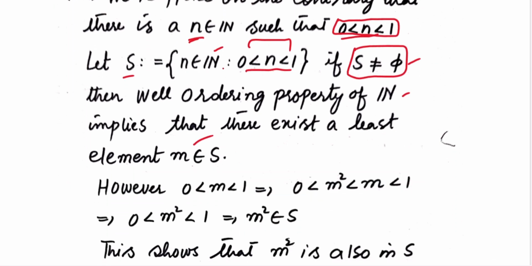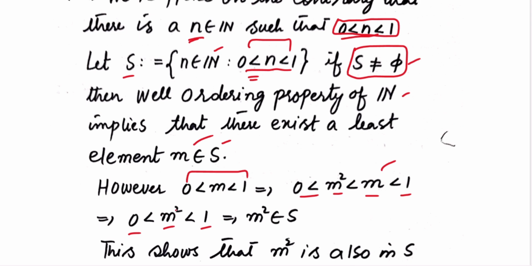However, if m is an element of S, m will satisfy the condition that this set consists of all those elements that lie between 0 and 1. So, clearly our m will also lie between 0 and 1. Multiply m on both sides, we have 0 less than m square, m less than m less than 1, that we have proved in the above question. This implies 0 less than m square less than 1.